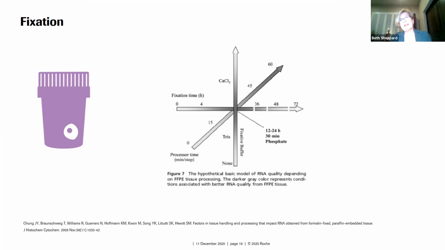So that being said, 12 to 24 hours is maximum for fixation time, that it should be using a phosphate buffered fixative, and the processing time, once again, should be within the 45 to 60 minutes per step.